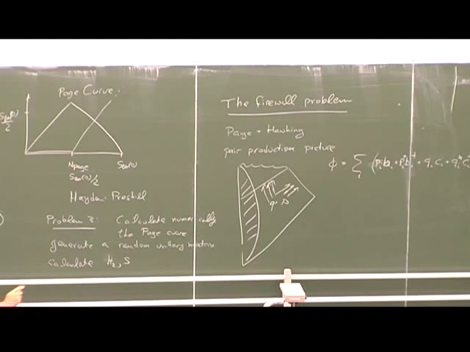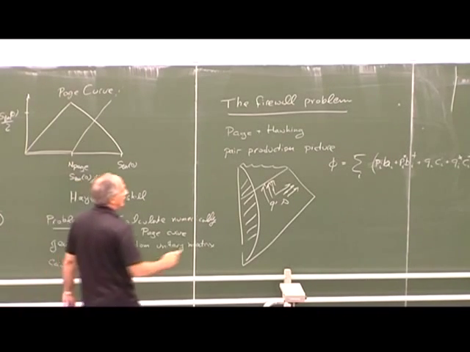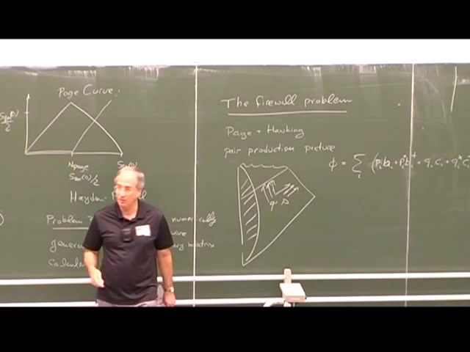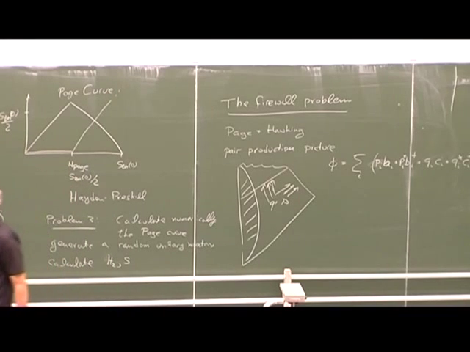But now we are interested in the state of the radiation near the horizon, because the firewall problem actually will say that that state has to be a highly excited state if we continue to use the same logic.